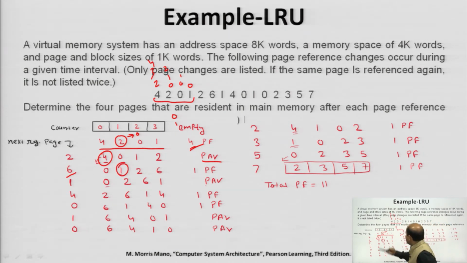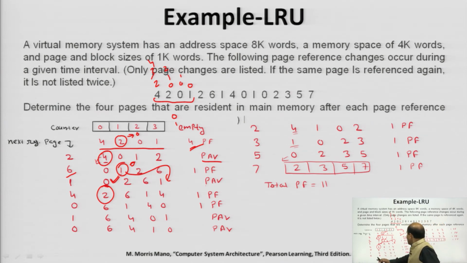Its counter is set to 0, because it is referenced now. Next is page number 4, which is not available. A page fault occurs. So you can see page number 0 is replaced or removed, because page number 0 has the maximum counter value.